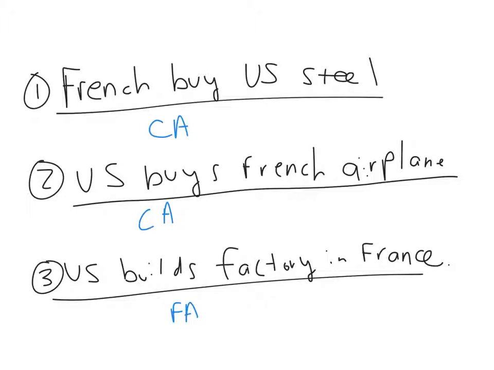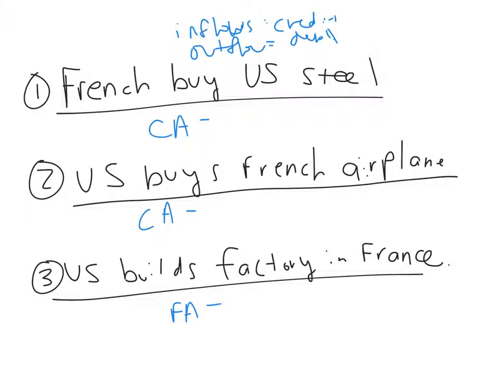Here are the three same problems as before, and I've already labeled them as current account or financial account. With each one of these, are U.S. dollars coming into the country, so inflows being a credit, or are U.S. dollars leaving the country, and that's an outflow, which means it is a debit on that account.